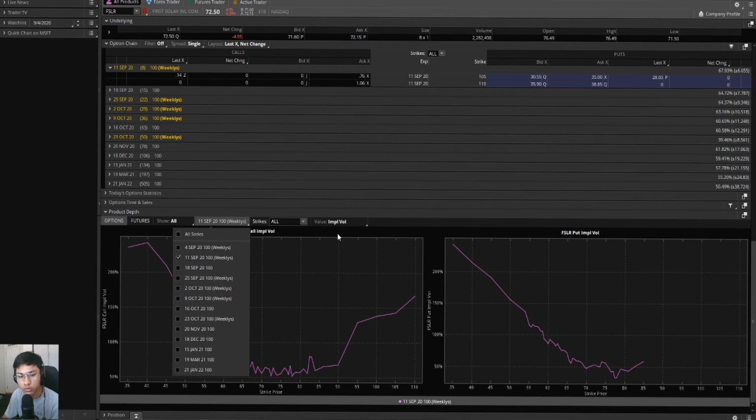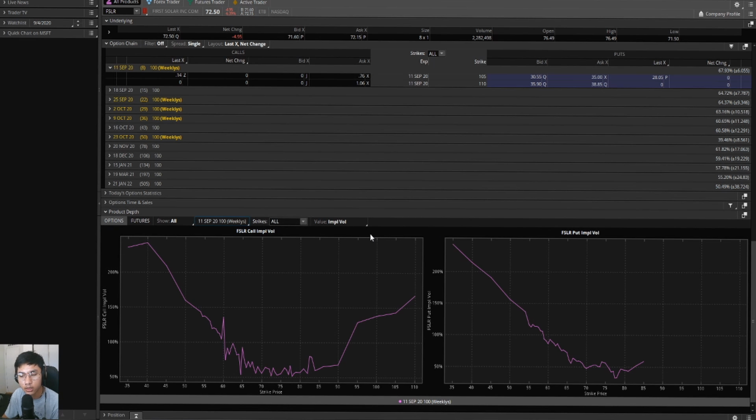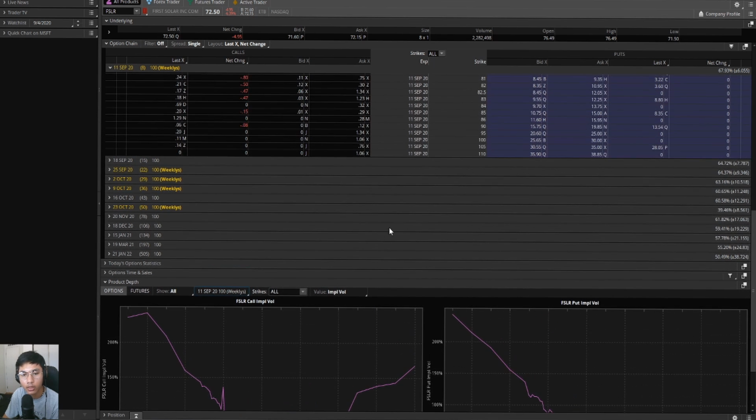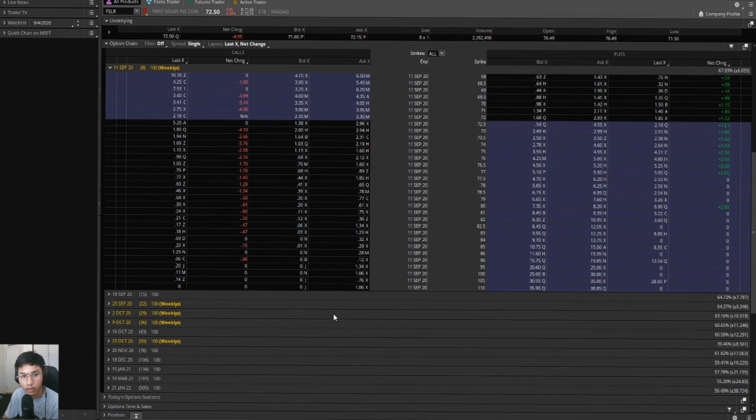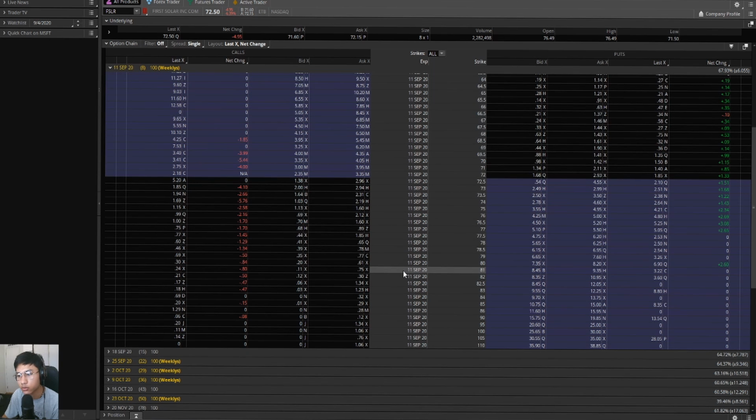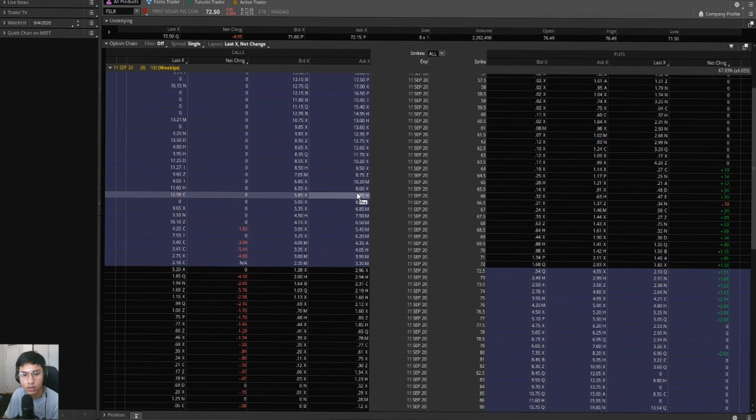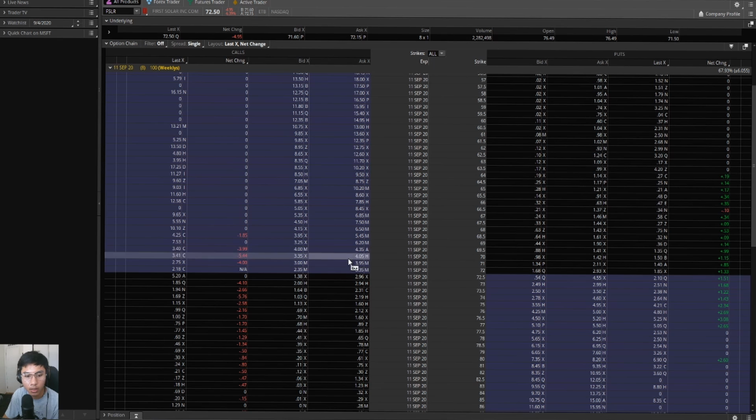Implied volatility also depends on the expiration date. Those three factors affect the option the most.